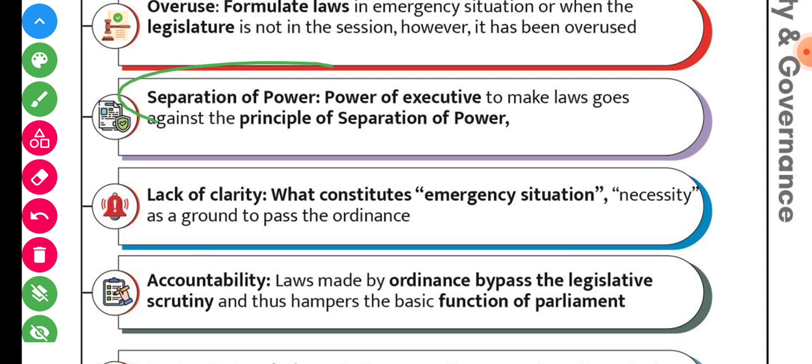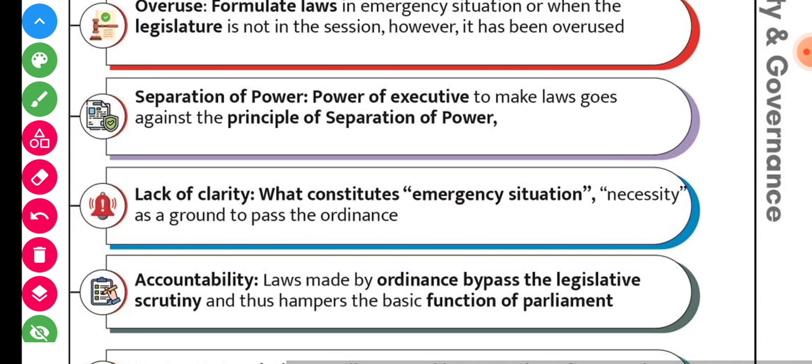Second, separation of power. The power of the executive to make laws goes against the principle of separation of power, because no consent and no permission is taken from the legislature.